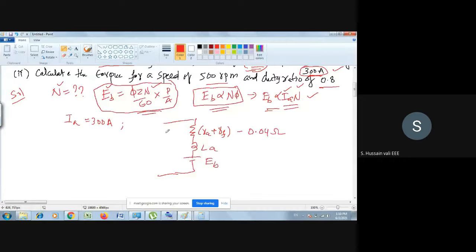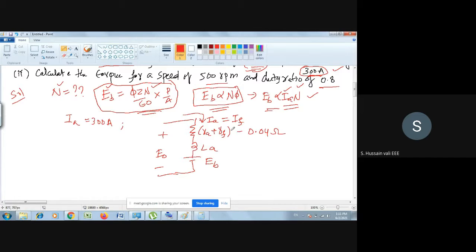Here the voltage is E0, the armature voltage from the output of the chopper, because there is a chopper in there. Now you see here, this current is IA. Can I say that IA is equal to IF here, because this is a DC series motor, so field current and armature current are both the same.